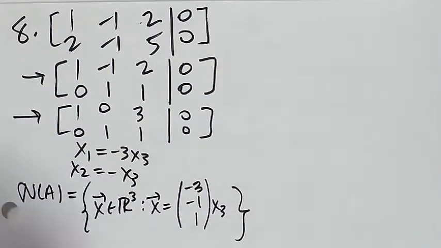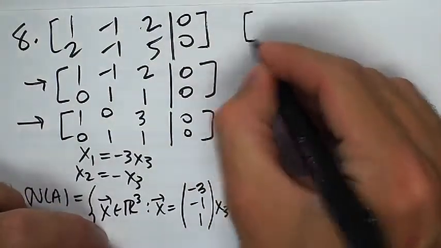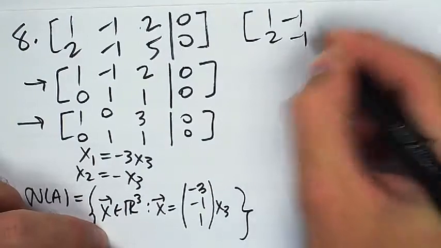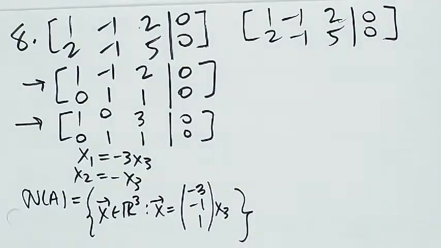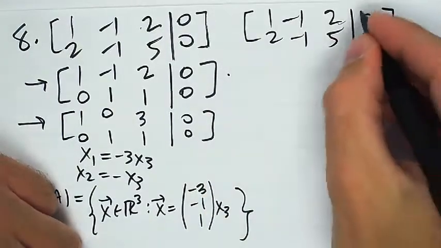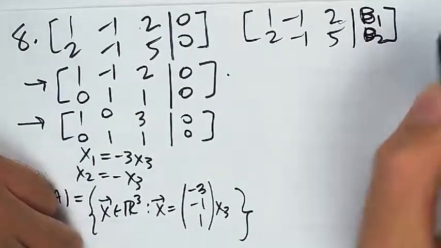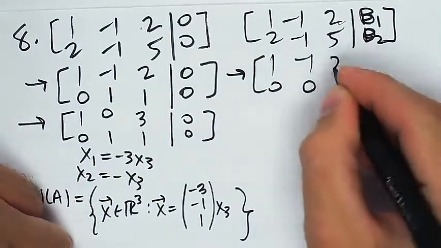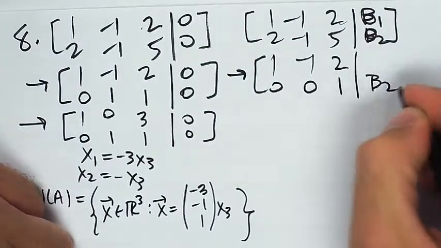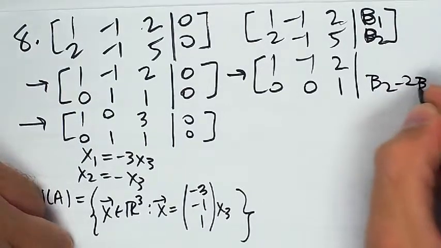All right, now let's get the range of this thing. So 1, 2, negative 1, 2, 5, 0, 0. And we're going to compute the range by, wait, no, B1, B2. I already computed the null space. So 1, 0, negative 1, 0, 2, 1, B2 minus 2 B1.